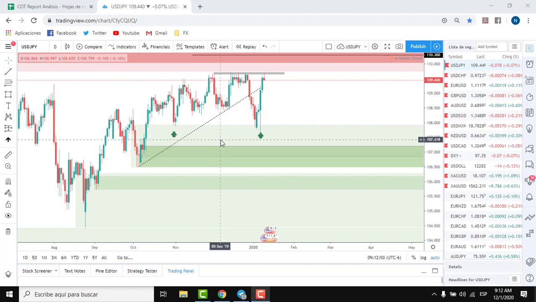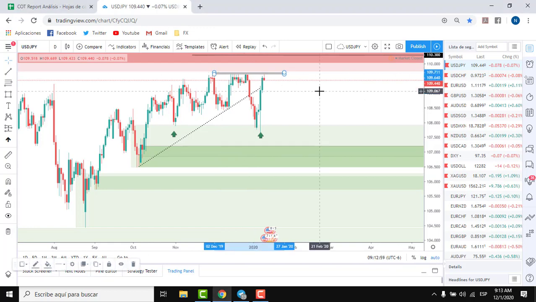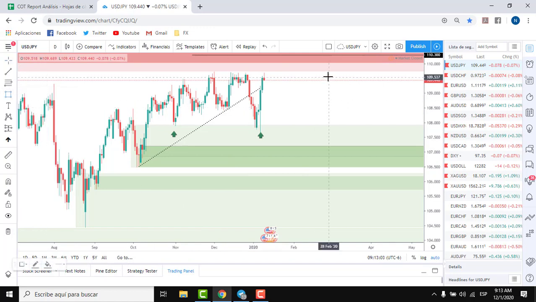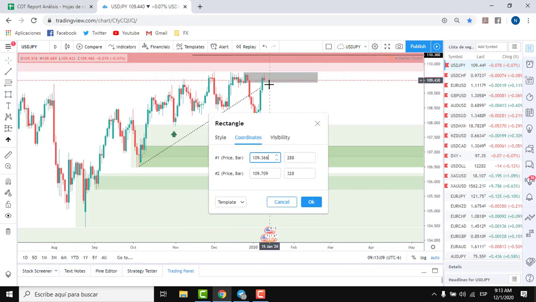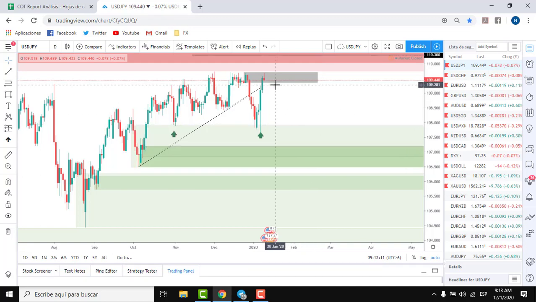All right, guys. Let's check dollar yen. This one looks quite interesting. Why? Because people that trade supply and demand are considering this level as supply, which is correct. I'm not saying otherwise. I'm just going to share my opinion on this one.